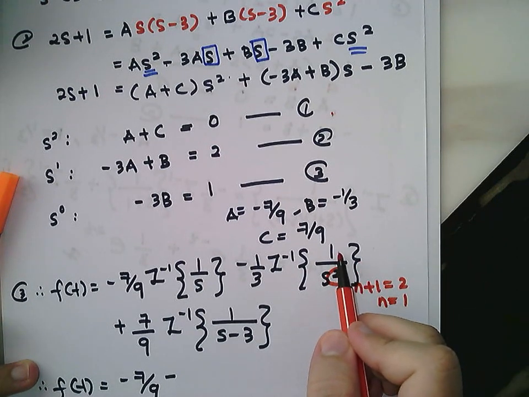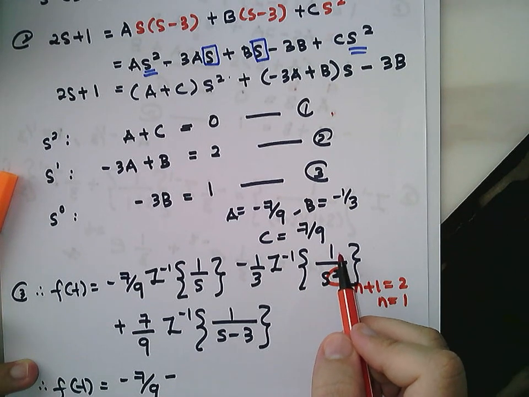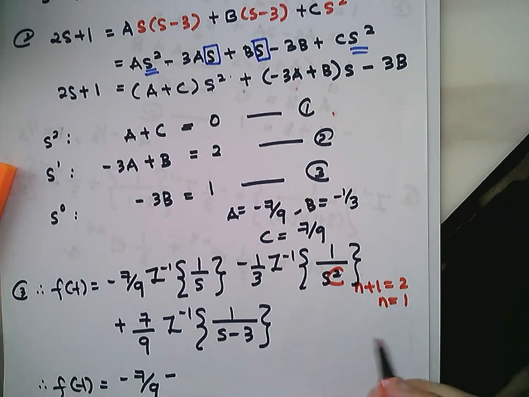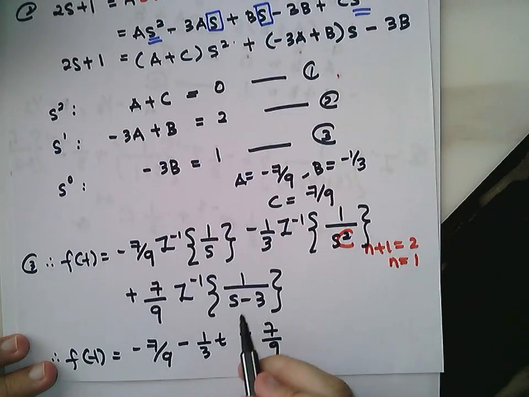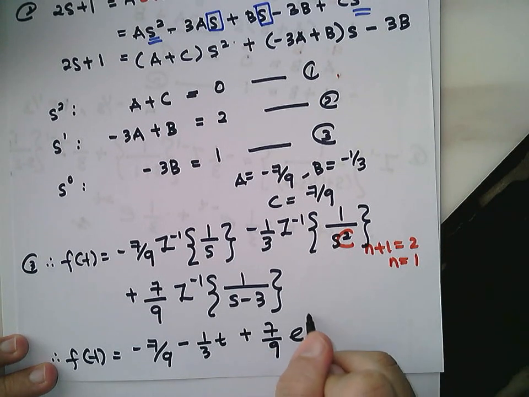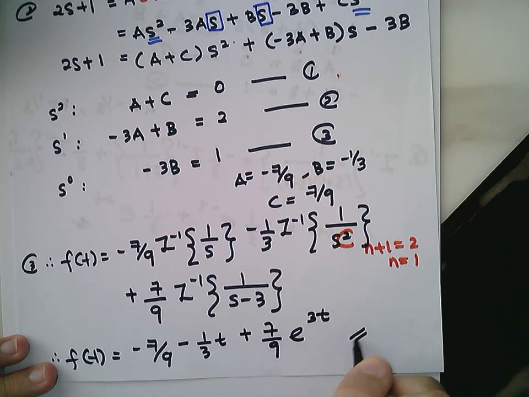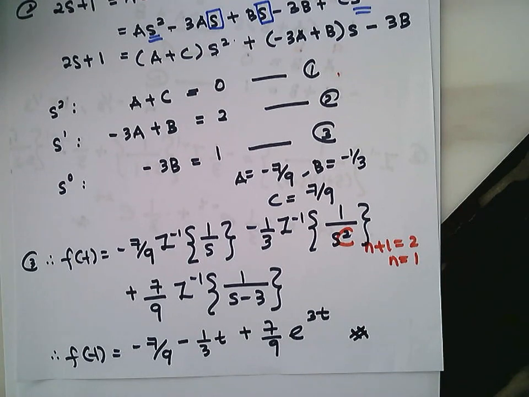So you will have t to the power n, your n is equal to 1, so you have t. So negative 1 over 3 t, and the last one is plus 7 over 9, which will be the exponential function, e to the power 3t. That's it.